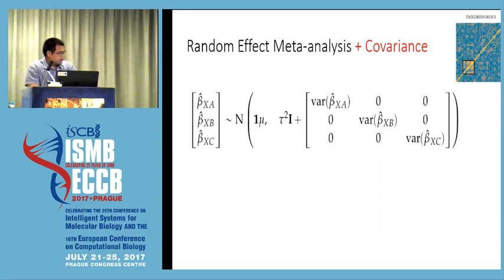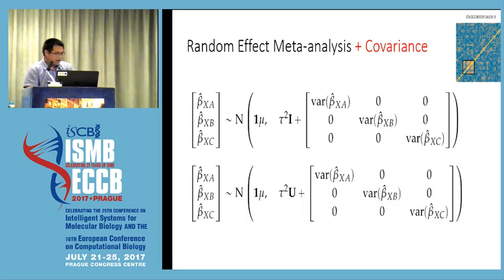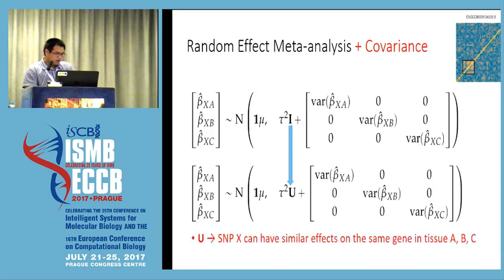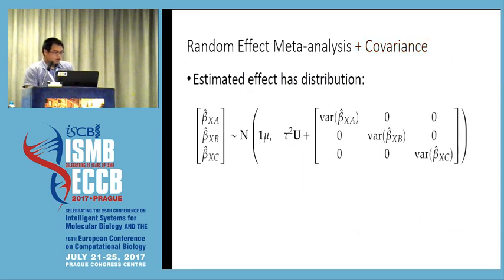One very easy way to do this is to look at the distribution that the random effects model assumes, and make a very simple change by changing the identity matrix I into some matrix U, where U contains non-zero off diagonals, so that you can allow SNP X to have similar effects on the same gene in tissue A, B, and C. With this new modification, you have a new distribution for the estimated effects.